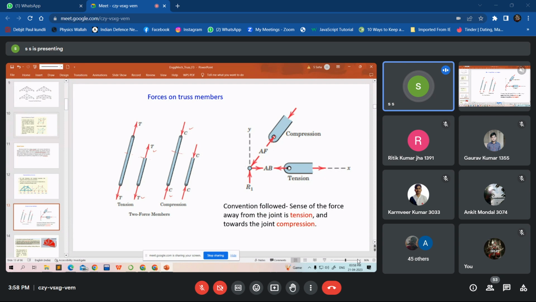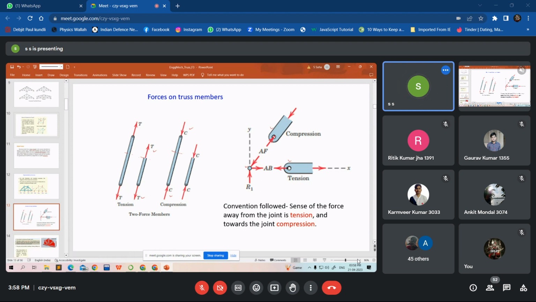So in a truss, basically you have three elements: one is the joint, and the other two are the members which are connected at this joint. If there is a compression, then we designate the compressive load in this manner. The force towards the joint is compression, and the force away from the joint is tension.